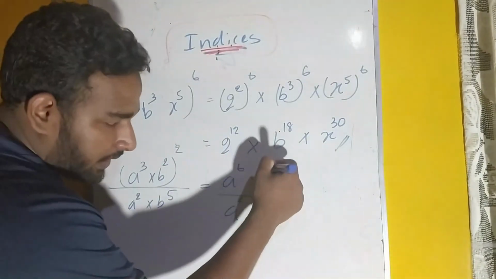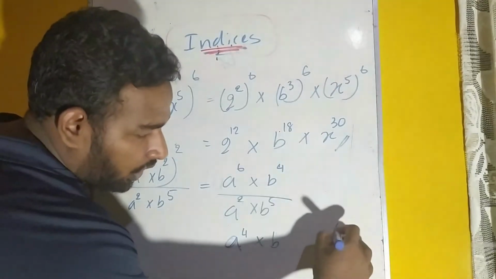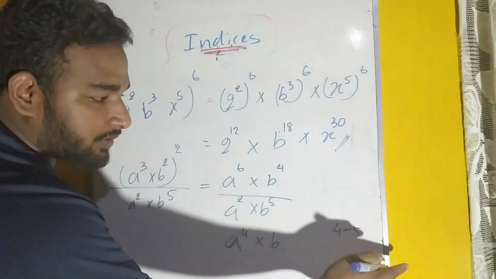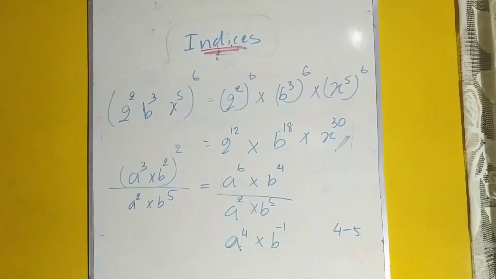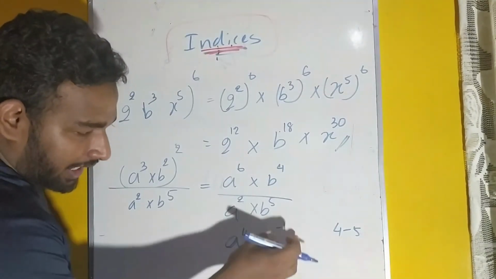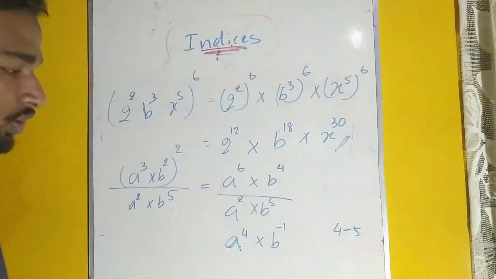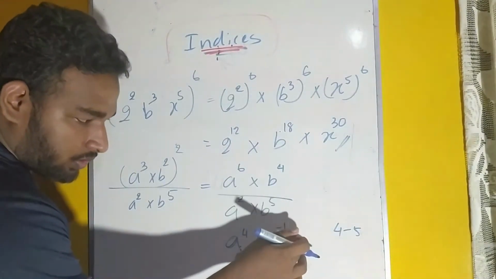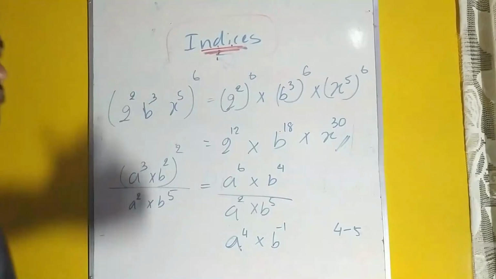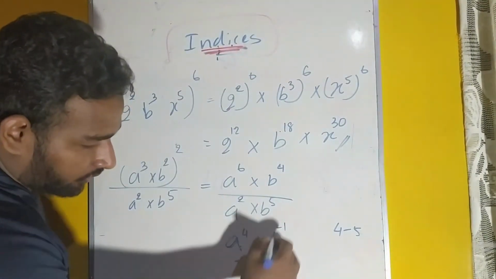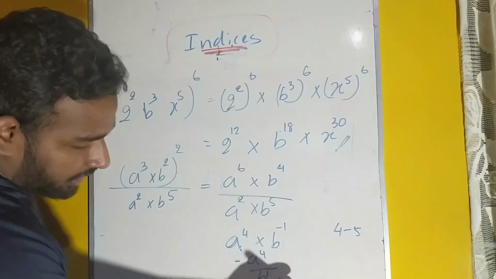That means b to the power 4 minus 5, which is minus 1. So you see this one has a positive power and this power is negative. So you should change this into positive. If you need to change this to positive, this is in the numerator, so it should go to the denominator. So you can write a to the power 4 over b to the power 1.